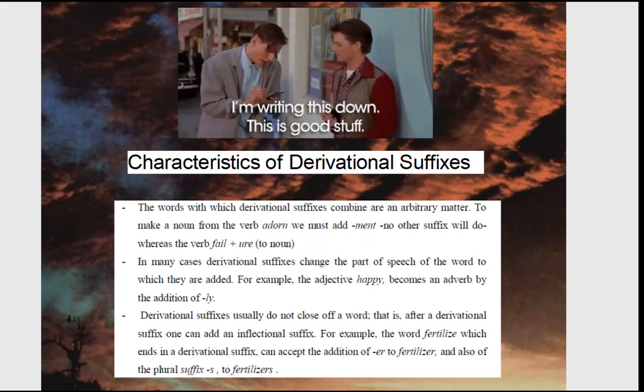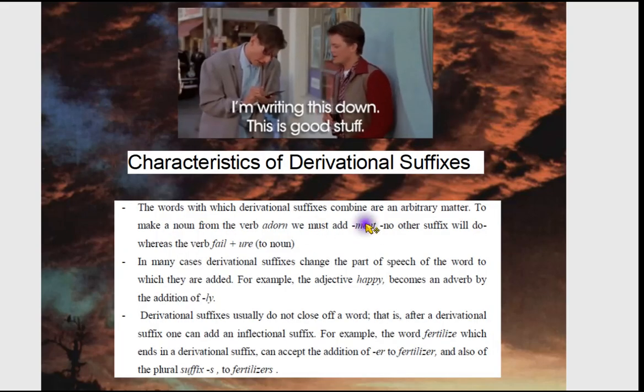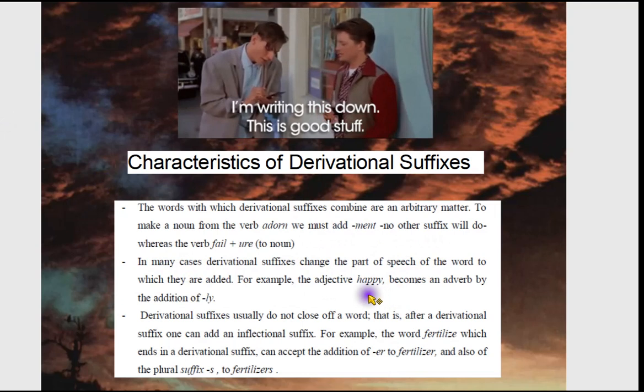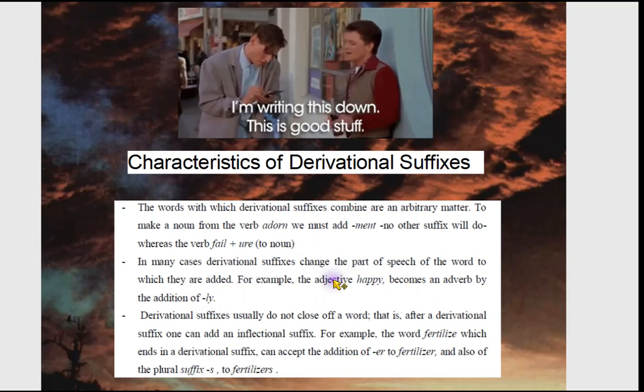For example, you cannot say, this is just a silly example, adorner. I'm just making up a silly word to explain my point. In many cases, they change the part of speech. For example, you have the adjective happy, if you add the derivational suffix -ly, happily, so instead of an adjective, you have an adverb.